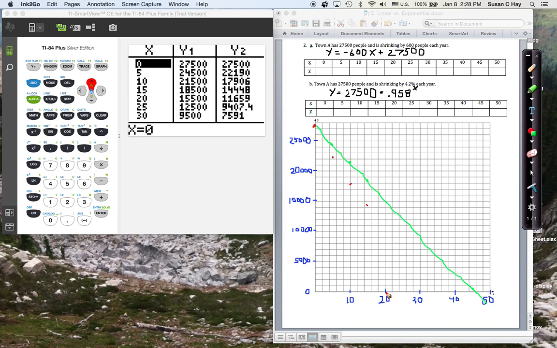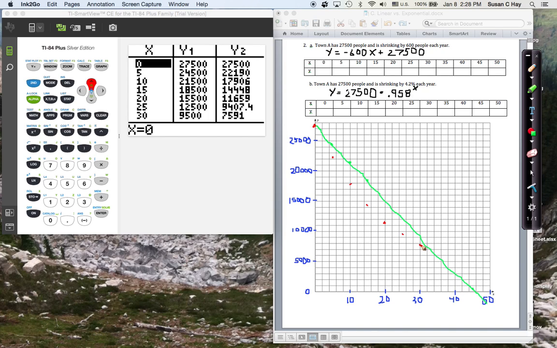At 30 years, it's 7,591, so 7,500 would be there.